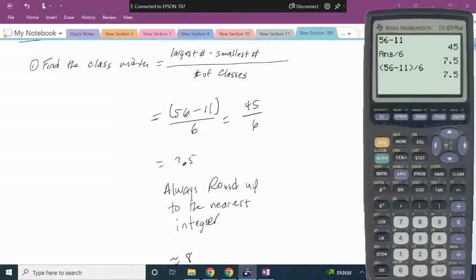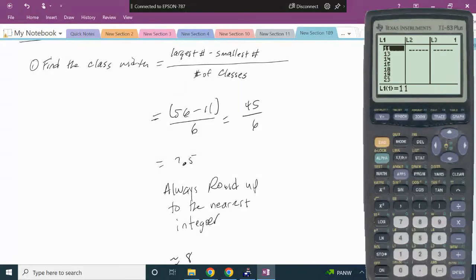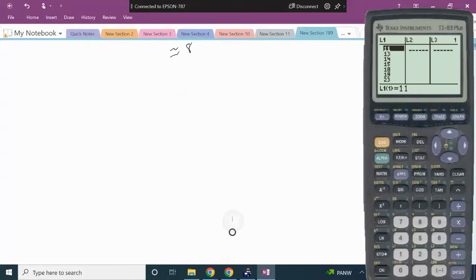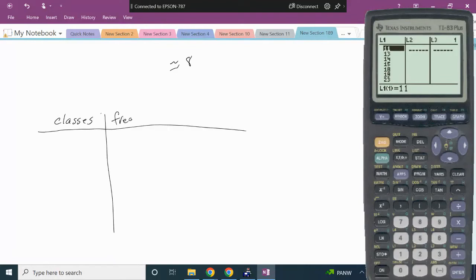All right, so I'm going to go back to the list again for a second. Okay, and I'm going to write out the frequency distribution. So we have the classes over here. We want the frequency in the next column.